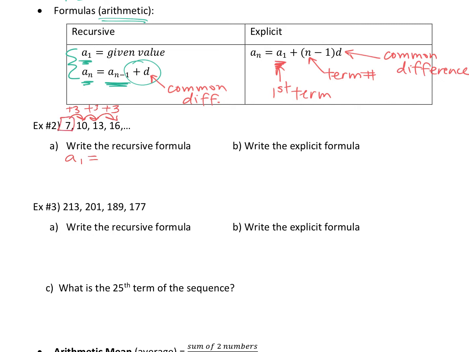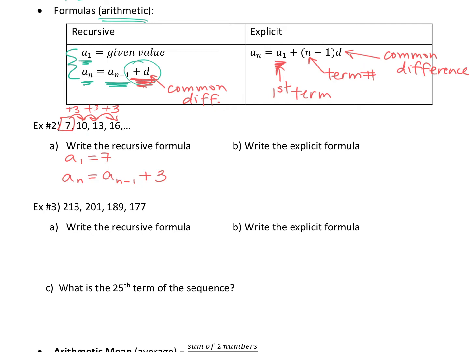Your first term is 7, so a sub 1 equals 7. A sub n equals a sub n minus 1. Remember, nothing changes there. It's always going to look like that when you write your recursive. What are we doing from there? +3. Plus your common difference. Our common difference is 3, so it's going to be +3.